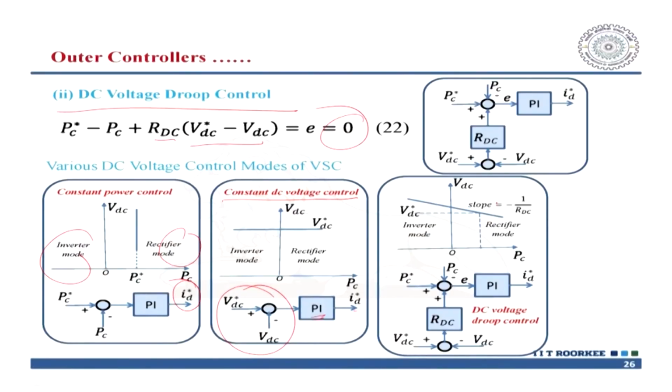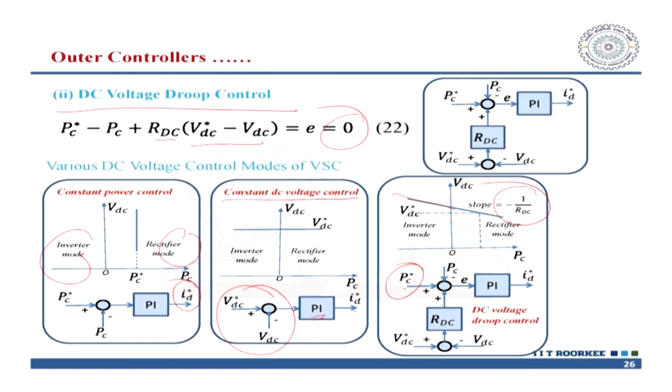So, this is called the constant voltage control method, and sometimes we maintain that, and sometimes we go for the droop control. What happens, you have an inverter mode, where the voltage goes up, and you have a rectifier mode, where you generally feed power in, and thus you get a resistance of this RDC. You are required to operate in that mode, and this is the control of the power.